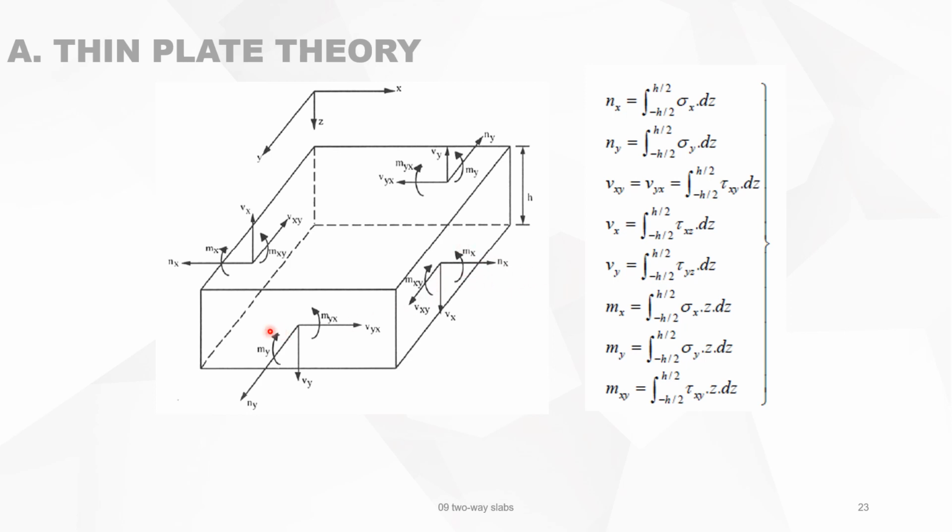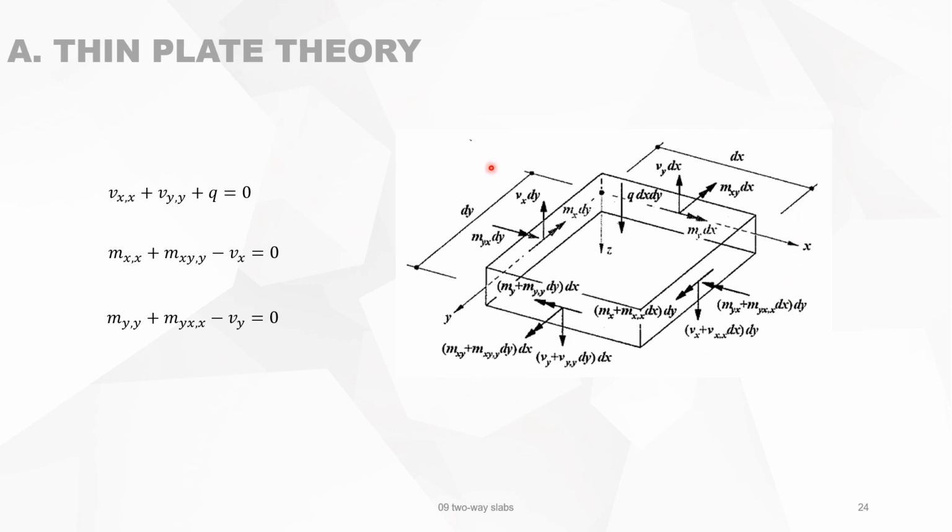So all stresses on all sides of this little piece of slab can be transformed, or the resulting forces can be calculated. Because we said there are no membrane effects, it means that Nx and Ny must be equal to 0, and the same for the shear force, Vxy and Vyx must be 0, because there are no membrane effects.